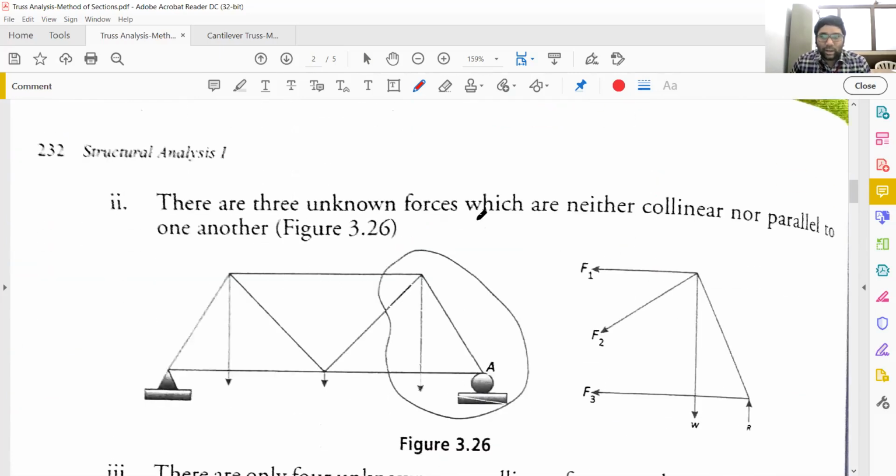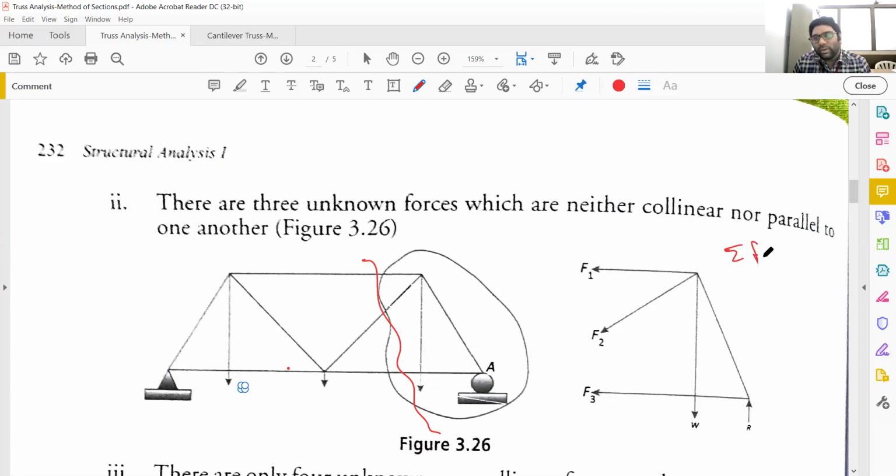Or, if there are three unknown forces which are neither collinear nor parallel. You see this? This is an example: 1, 2, 3, 4, 5, 6, 7, 8, 9, 10, 11 member truss. In an 11 member truss, at this joint, there are so many members acting. So I will cut a section like this, such that you will have forces F1, F2, F3, F4.